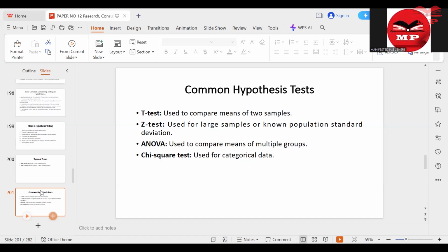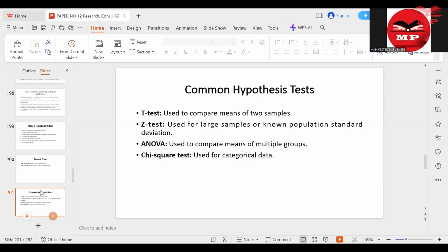Z-test, used for large samples or known population standard deviation. And then you have ANOVA, that is analysis of variance.